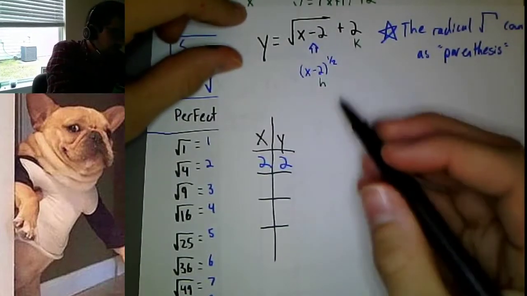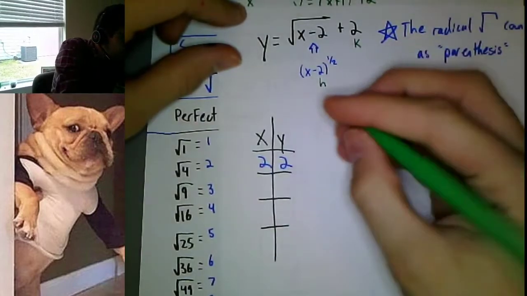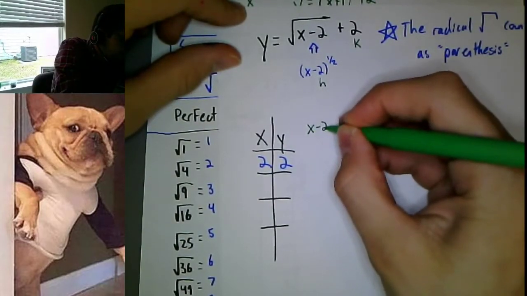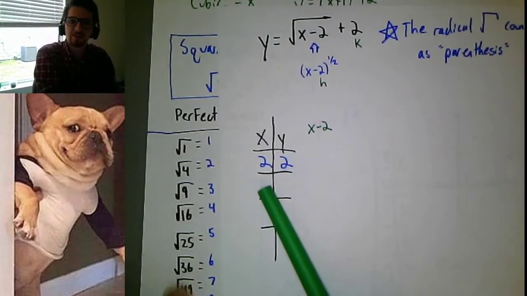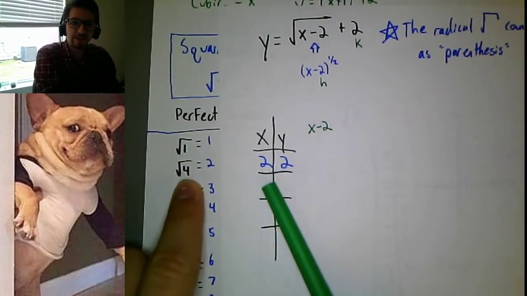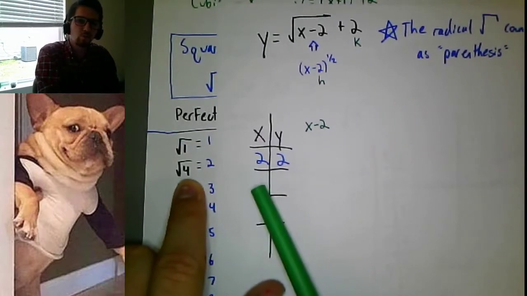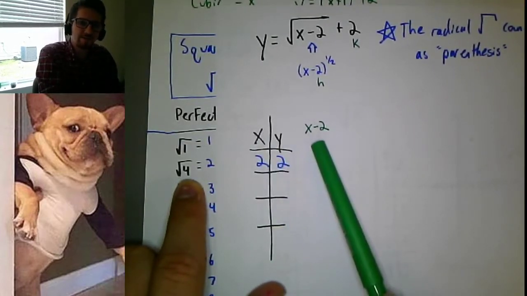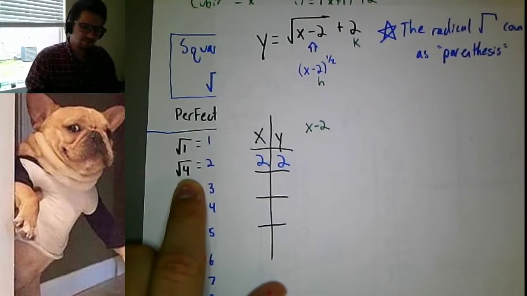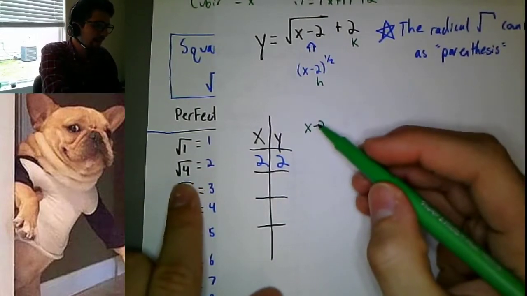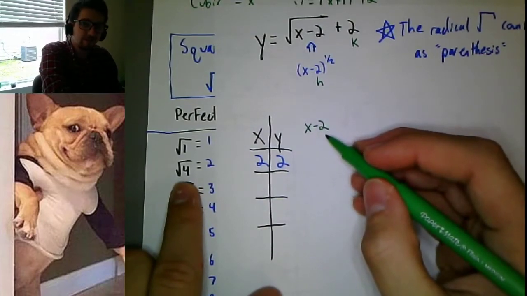X minus 2, right? So if I have x minus 2, I'm starting with 2. What's the next biggest number on my square root list above 2? I have 4. So what minus 2 gives me 4? If I have 6 minus 2, that would give me 4, right?